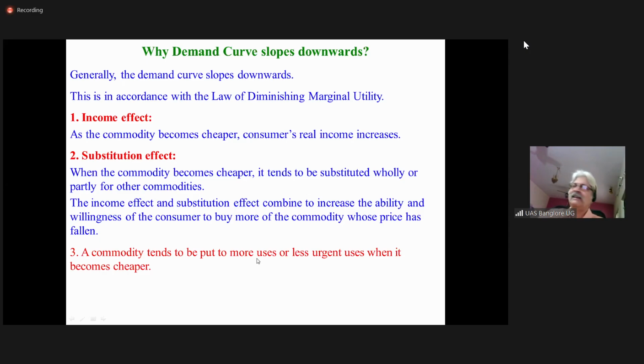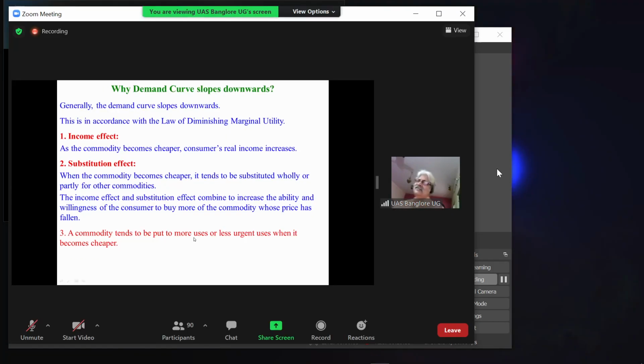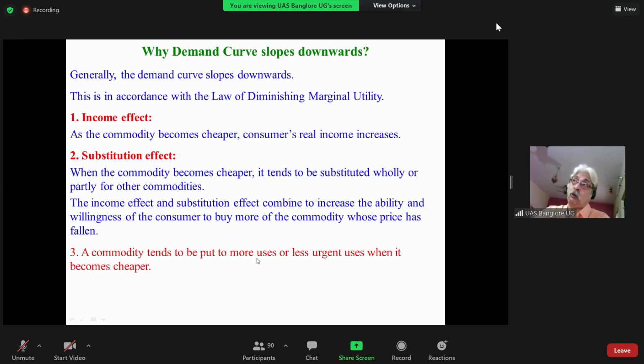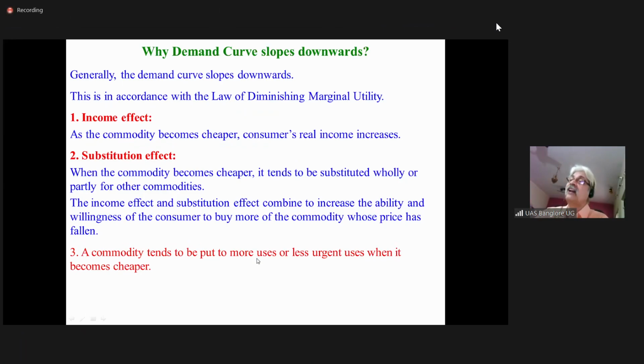Even for ironing and everything, you put on the geyser and all. So you'll be using electricity for various, less urgent uses, if it becomes cheaper.